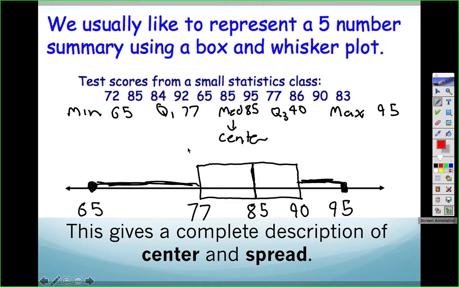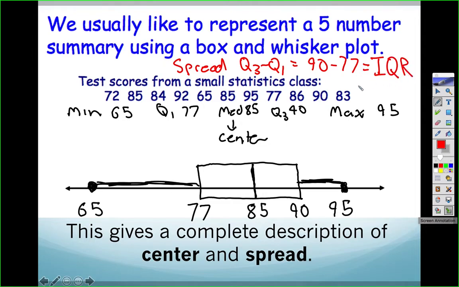What is spread? Spread will be Q3 minus Q1. That's 90 minus 77. That is called the IQR. And in this case, that is 13. Spread is the IQR, Q3 minus Q1. It's 13.